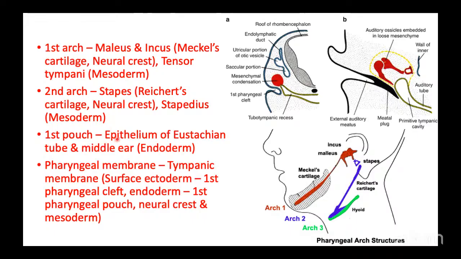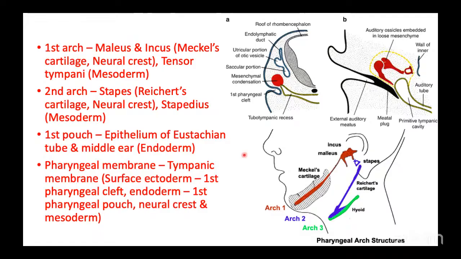The first pharyngeal pouch will give you the epithelium of the eustachian tube, which is here, and the middle ear over here, okay? Then finally, the pharyngeal membrane gives you the tympanic membrane, or rather it's derived from, we'll give you the tympanic membrane, okay? The tympanic membrane is derived from the surface ectoderm, over here, the outer surface, endoderm, the inner surface, and then in between, contributions from both neural crest and mesoderm, okay?